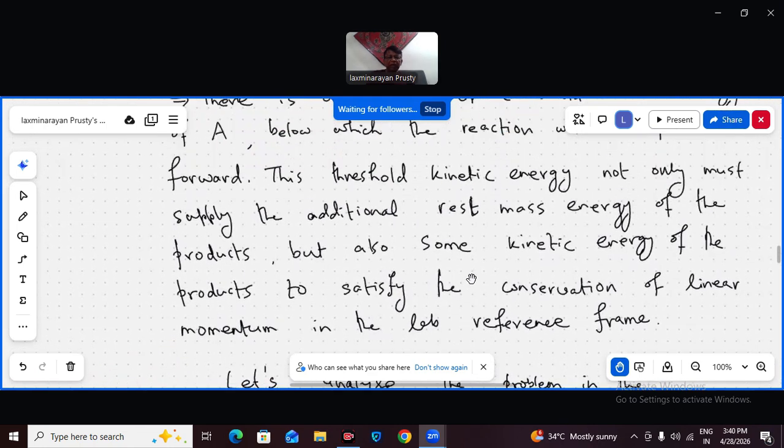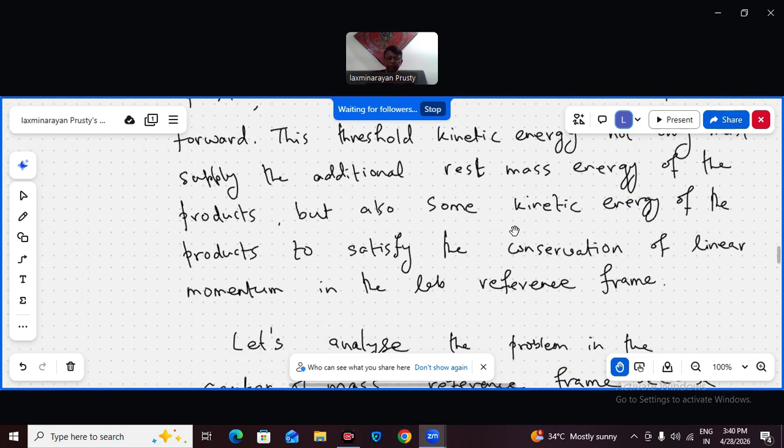If it doesn't provide any kinetic energy to the products, the initial momentum before reaction is there. After reaction, there is no kinetic energy for C and D. Then momentum conservation is falling apart. It's not acceptable.